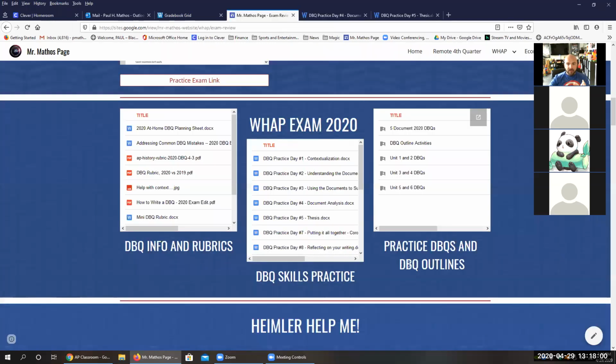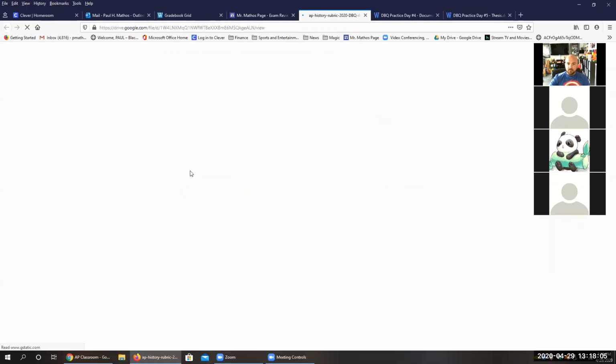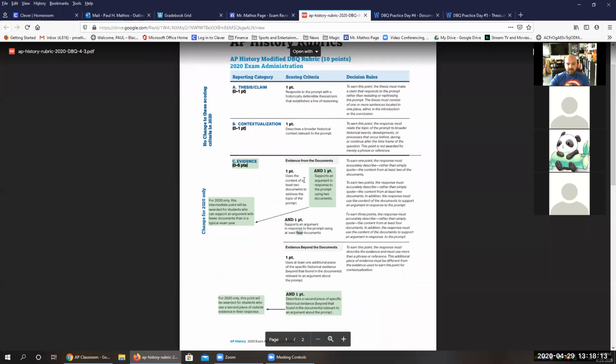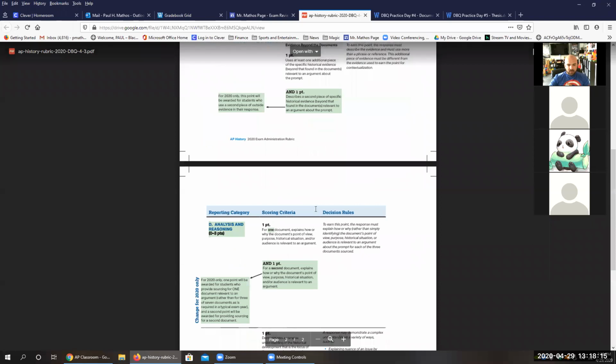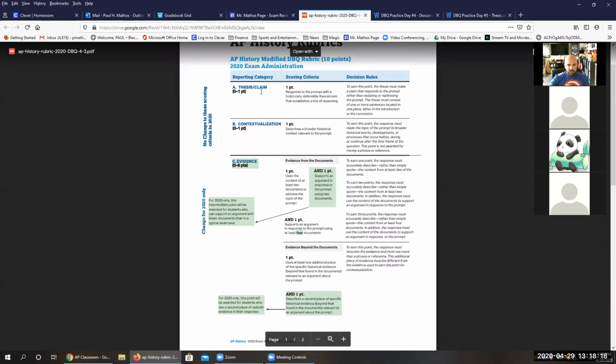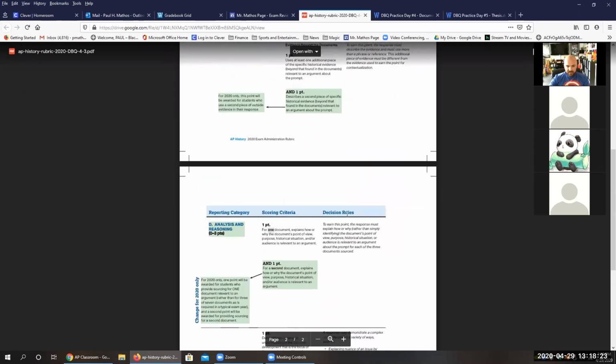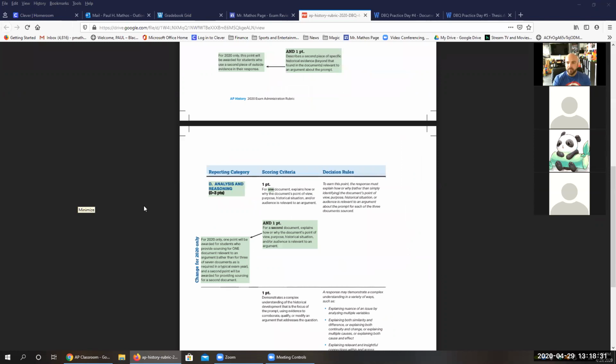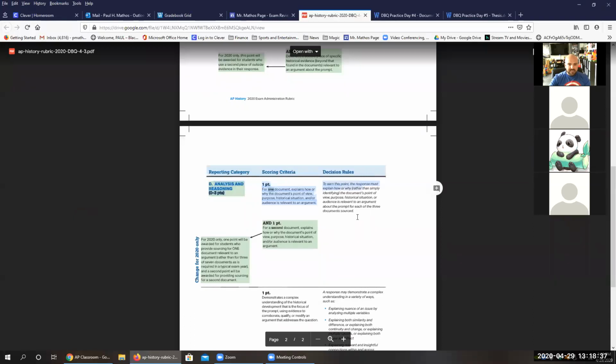Just to show you what I'm talking about, here is the rubric for 2020. All right, and when this loads up, again, getting the analysis points. So you've got your thesis and claim points, your contextualization, your evidence points, but then for analysis and reasoning, if you don't attempt to analyze a document with HIP and be relevant with it, you're ignoring these analysis and reasoning points.